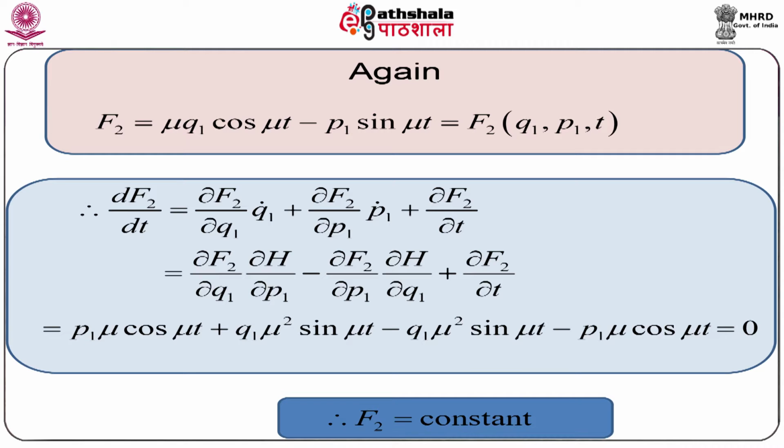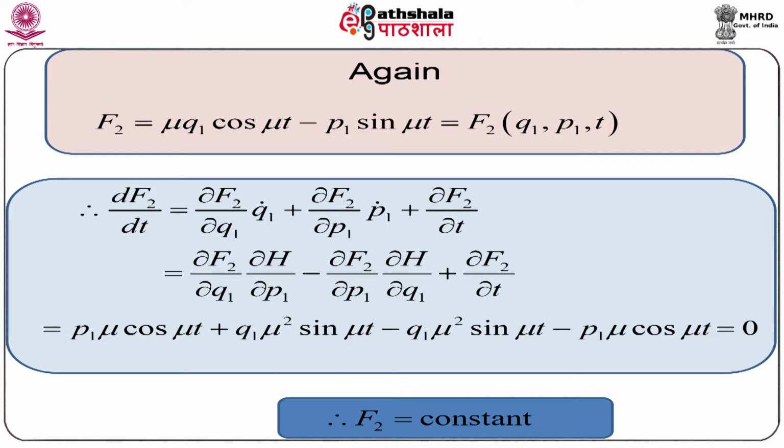Using Hamilton's equations, we have dF2/dt equal to ∂F2/∂Q1 ∂H/∂P1 minus ∂F2/∂P1 into ∂H/∂Q1 plus ∂F2/∂t.